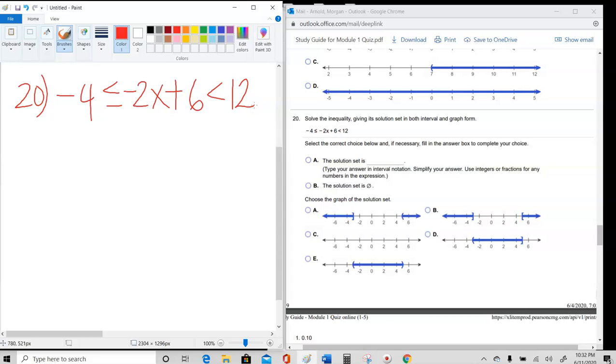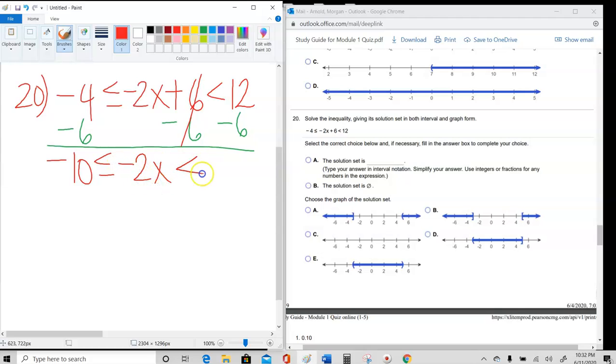Now we need to get negative 2x by itself, so we need to subtract or move the 6 to the other side. But since we have a 3-part inequality, then you're going to subtract 6 from all 3 parts. So we have negative 10 is less than or equal to negative 2x, less than 6.